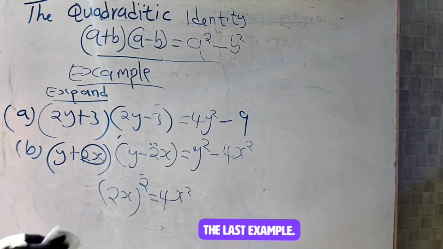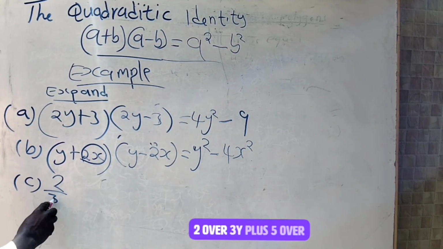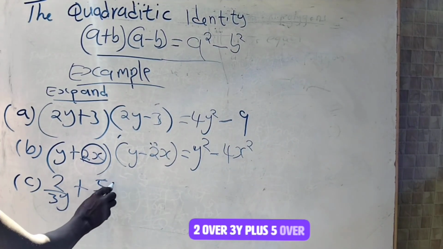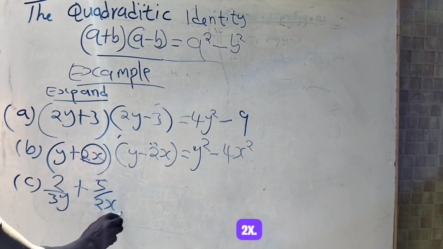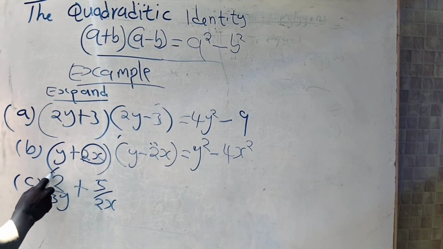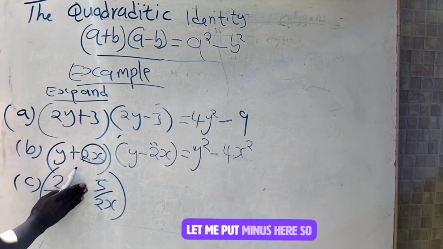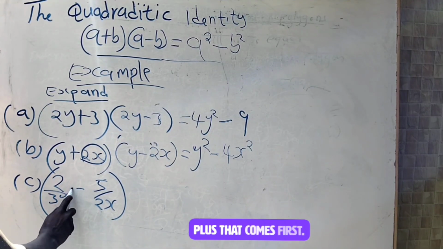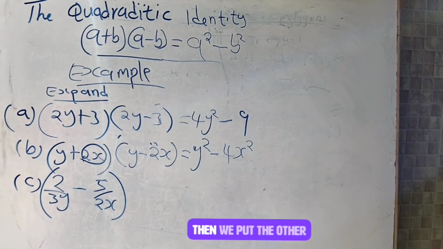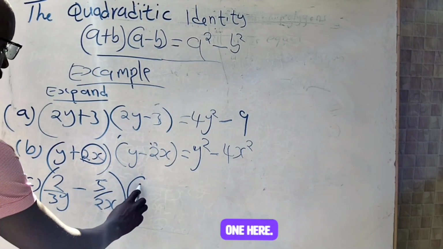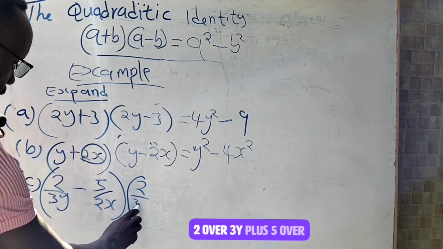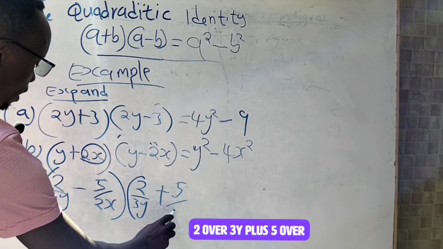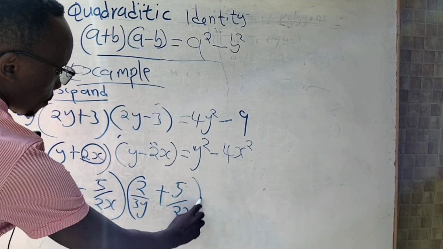The last example: 2 over 3y plus 5 over 2x. Let me put minus here so that people may not think it is all the time the plus that comes first. Then we put the other one here, 2 over 3y plus 5 over 2x.